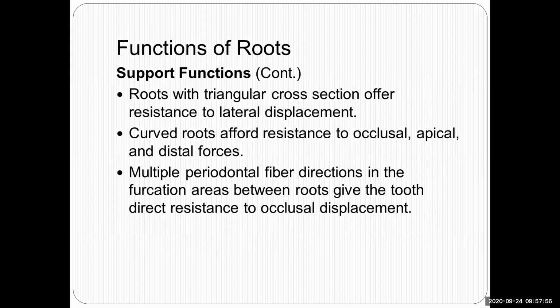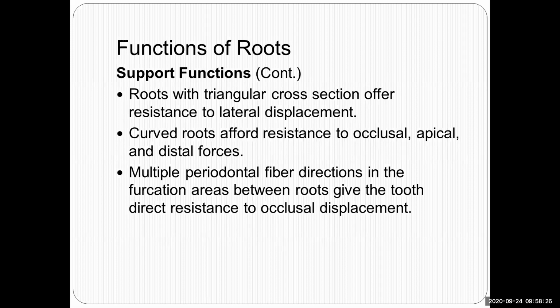The roots with triangular cross section offer resistance to lateral displacement. Curved roots afford resistance to occlusal, apical, and distal forces. And the multiple periodontal fiber directions in the furcation areas between the roots give the tooth direct resistance to occlusal displacement.